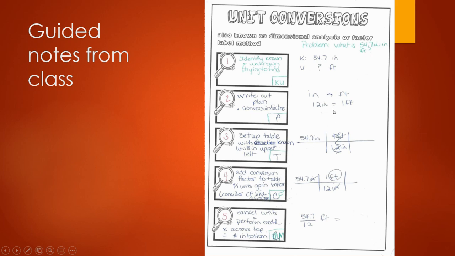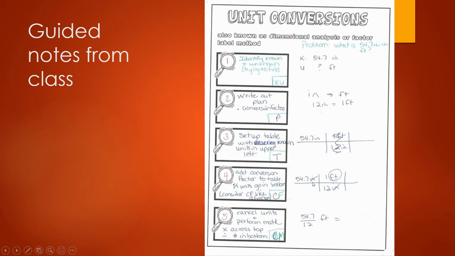Then I have to figure out how I'm going to write this conversion factor as a fraction in order to have it set up in our table so that our inches up here in the top will cancel with some inches in the bottom. This is just like working with fractions that you have done in math class. So we want the inches up here in the top to cancel with the inches here in the bottom. That means we're going to write 12 inches here and we're going to write 1 foot there.